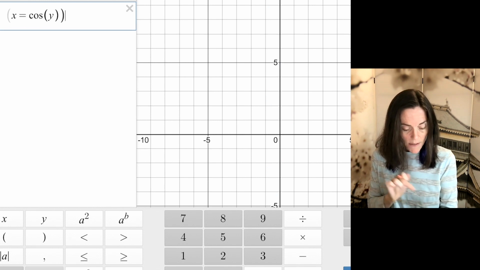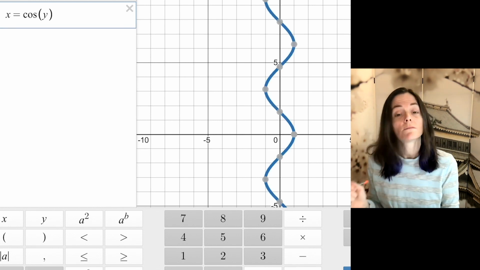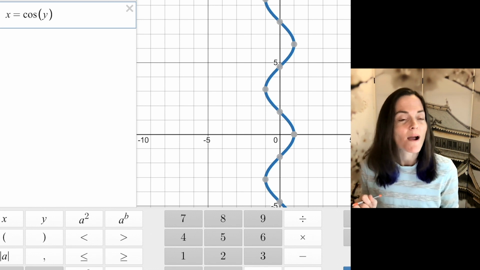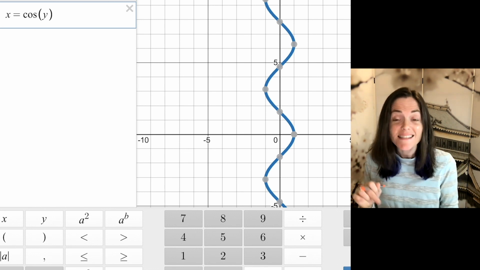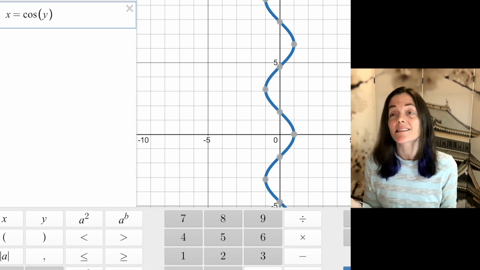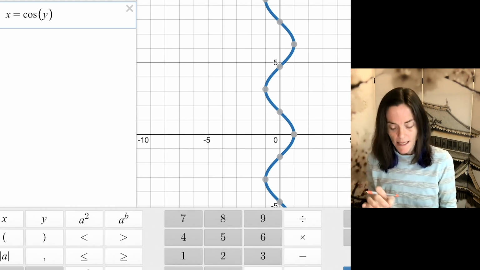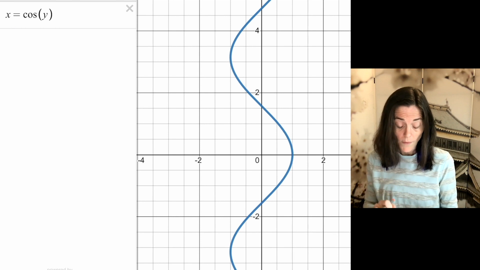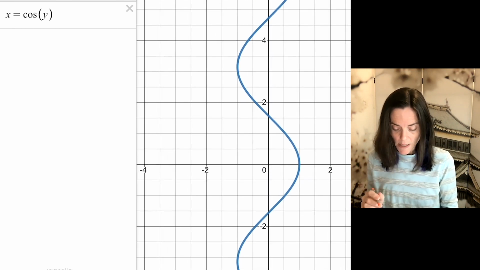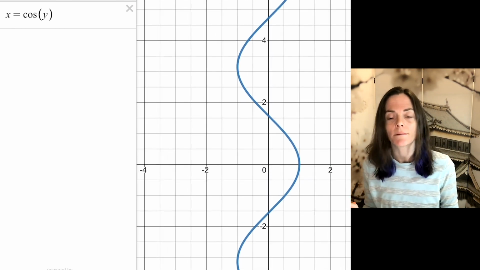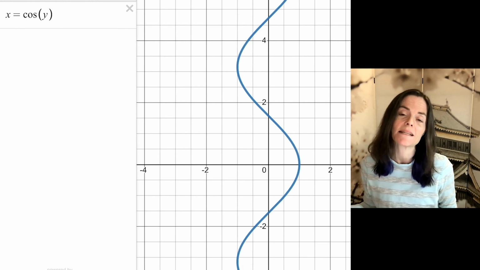Now, if this is all I do, this is problematic because this is not a function. We discussed this early in the ramp up. This fails the vertical line test. If you take a vertical line between -1 and 1, it's going to hit the graph infinitely many times.